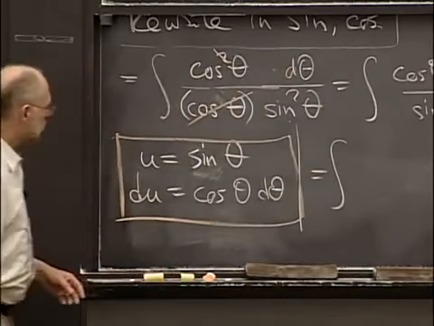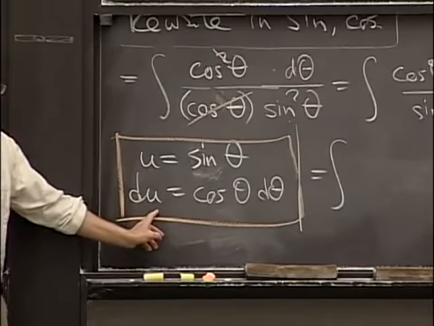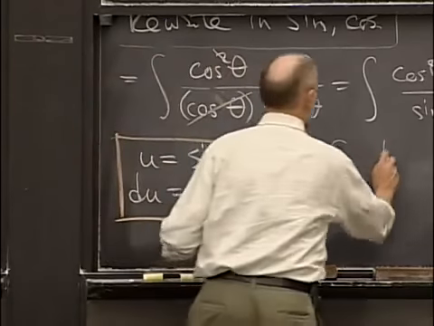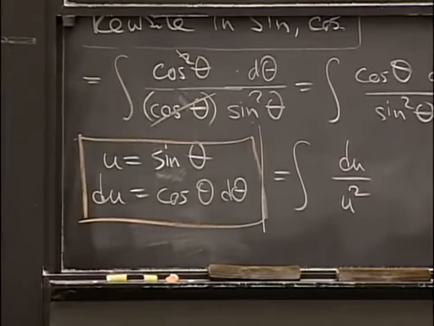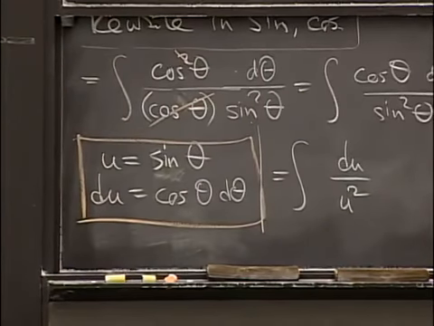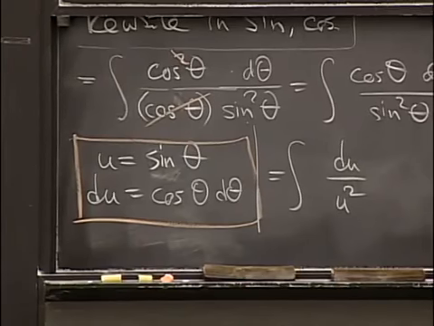And then this integral becomes, well, the numerator just is du. The denominator is u squared. And I think we can break out the champagne because we can integrate that one, finally, get rid of the integral sign.